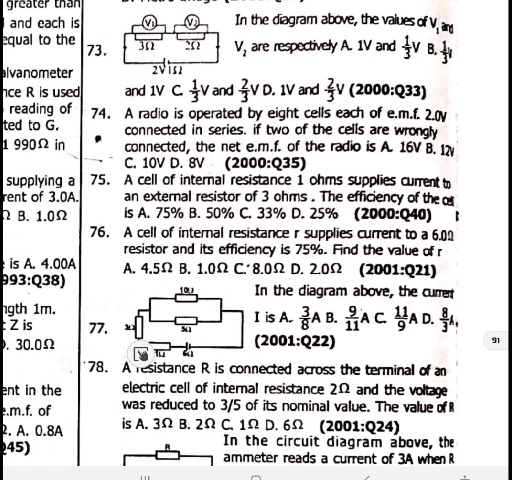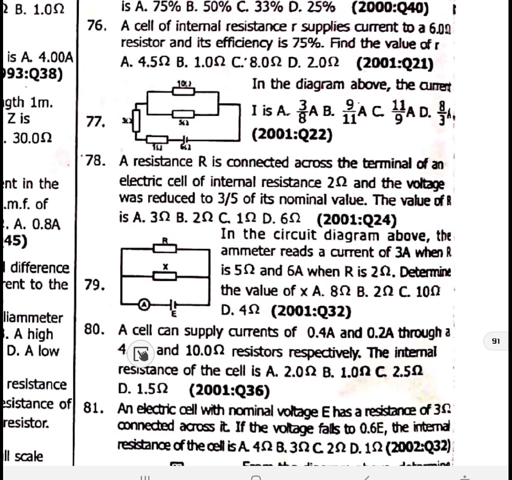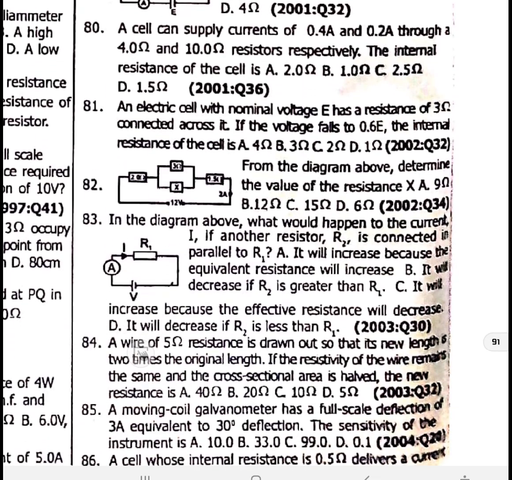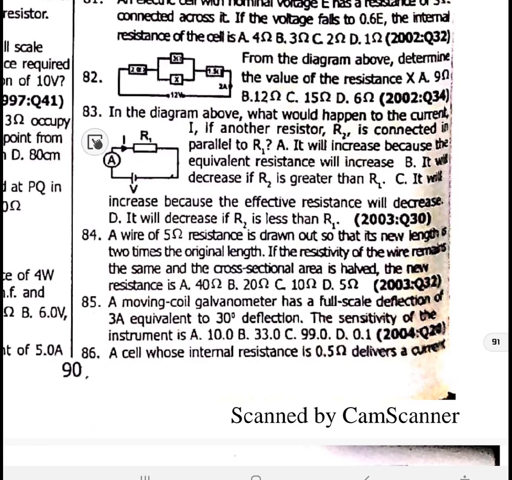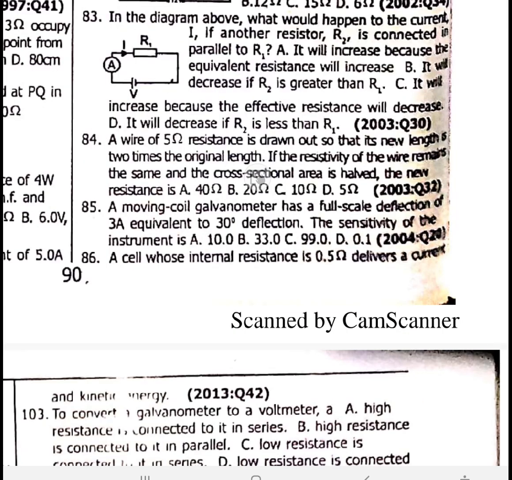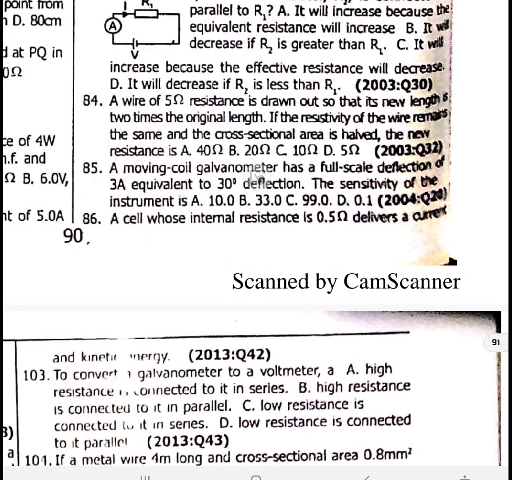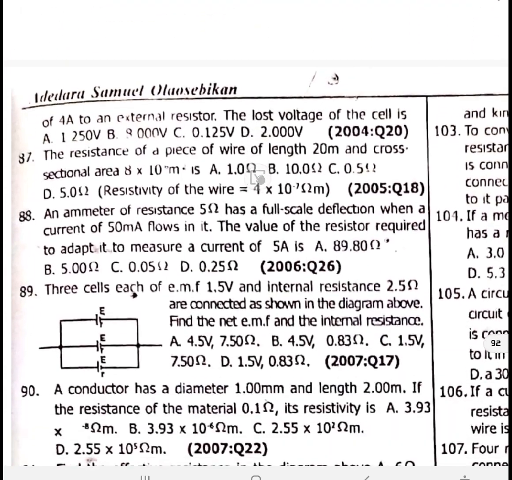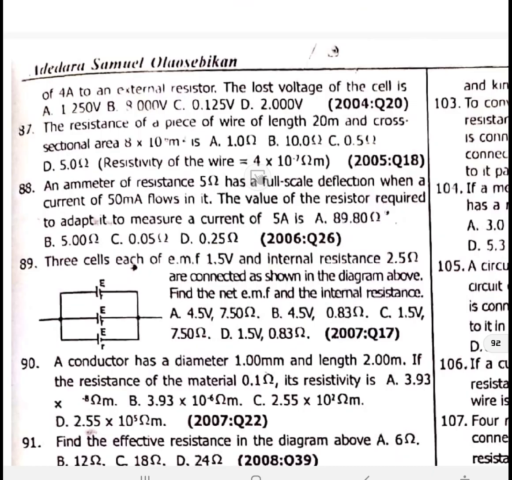Next, calculations, and more calculations, and more. In the diagram above, what would happen to the current I if another resistance R2 is connected in parallel to R1? 83 has a bit of demonstration behind it. 84, 85, 87, 88.